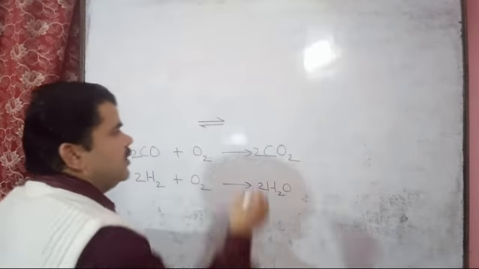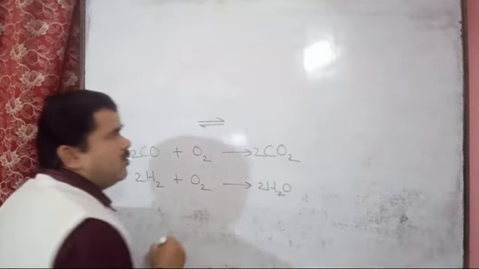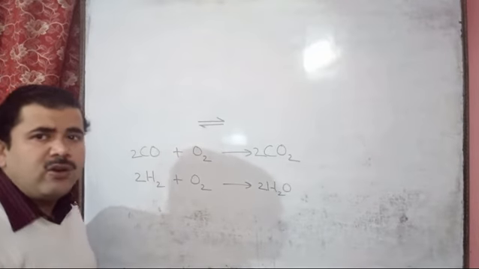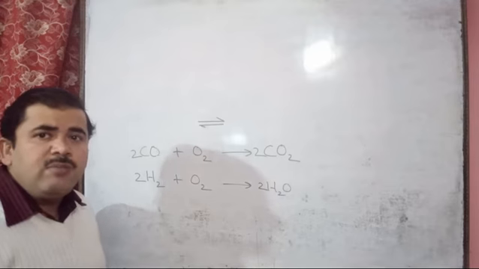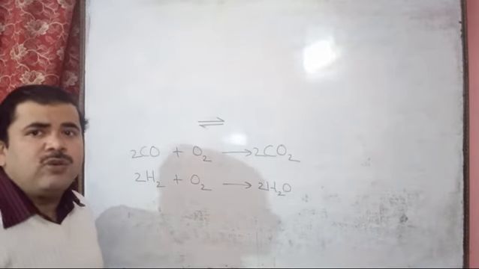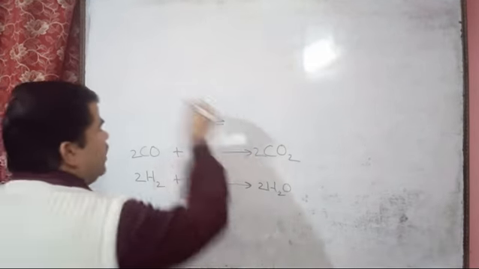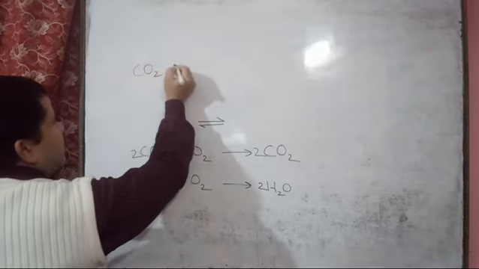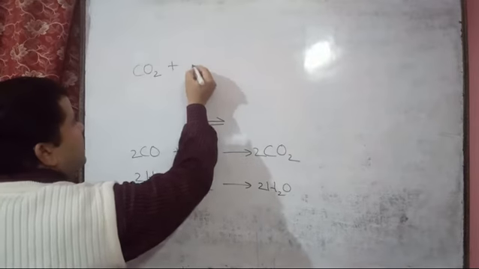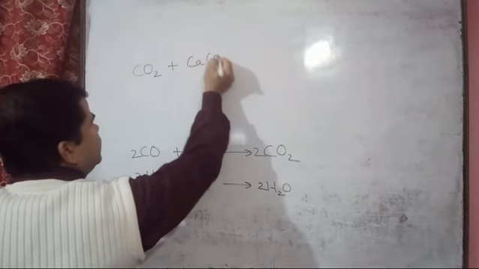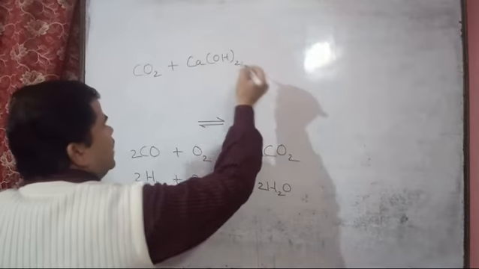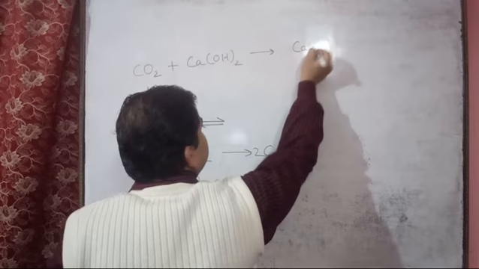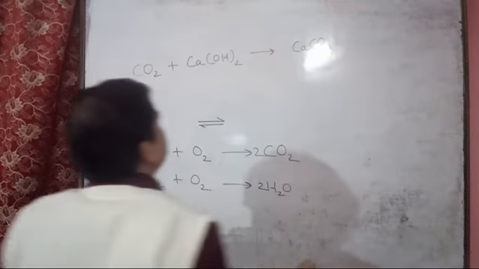And we know that if we pass carbon dioxide through lime water, meaning calcium hydroxide, we will get the milky color of calcium carbonate. Carbon dioxide reacts with calcium hydroxide, meaning lime water, and this gives calcium carbonate, CaCO3.